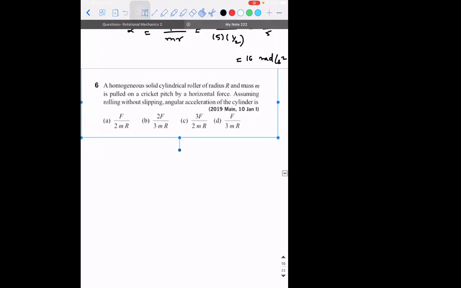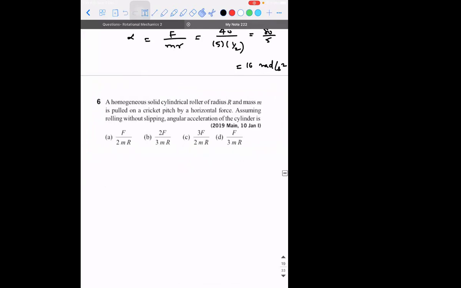So the question says there is a homogeneous solid cylinder roller of radius capital R and mass M, which is pulled on a cricket pitch by a horizontal force F. Assuming rolling without slipping, angular acceleration of the cylinder will be. It's very simple.